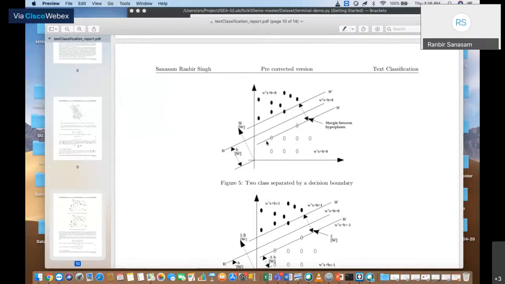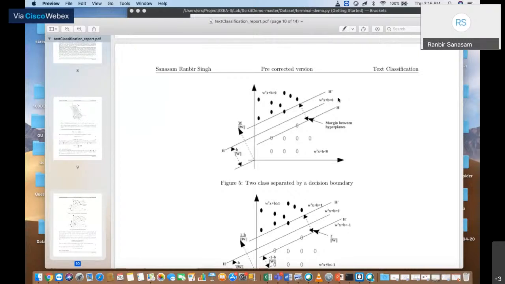Similarly, another hyperplane passing through the nearest white dots. So this is H plus and H minus, the hyperplanes passing through the nearest black and white samples, parallel to the separating hyperplane.